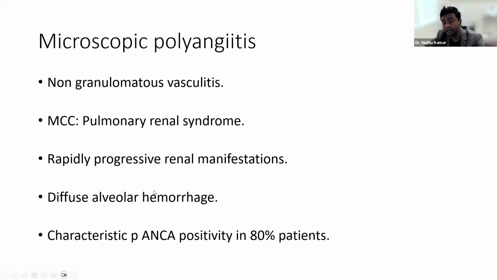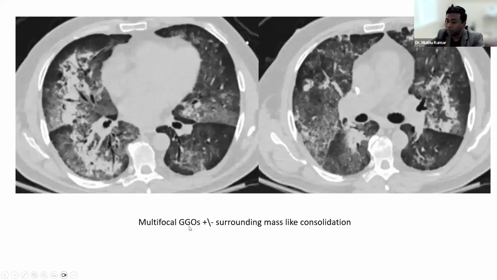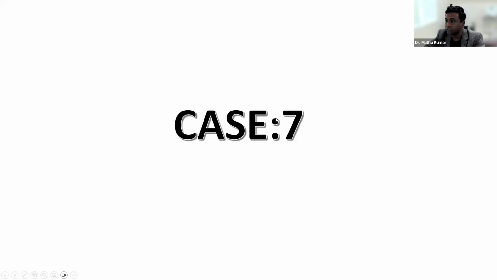The patients can have rapidly progressive renal manifestations and diffuse alveolar hemorrhage, and characteristic P-ANCA positivity in 80% of the patients. So in pulmonary renal syndrome, as we already talked, there will be multifocal airspace disease bilaterally in a patient with increased renal echogenicity on ultrasound. And on imaging, there will be multifocal ground glass opacities with or without surrounding mass-like consolidation. So these are our classic findings of pulmonary hemorrhage.